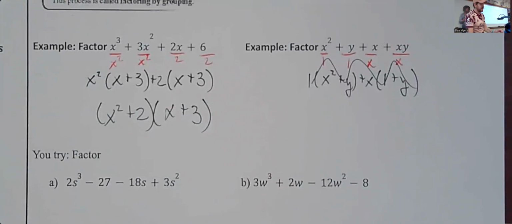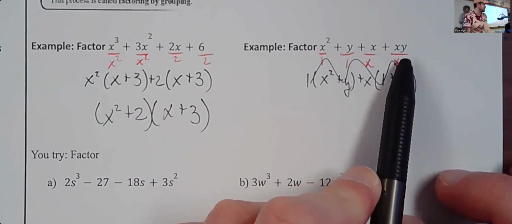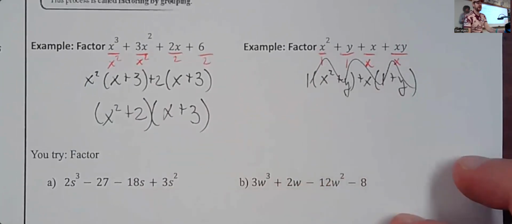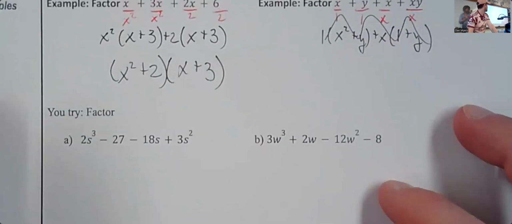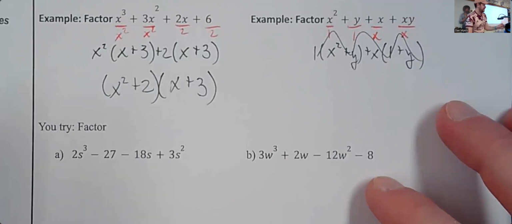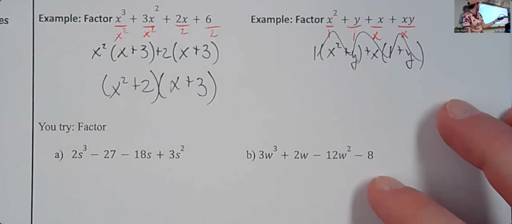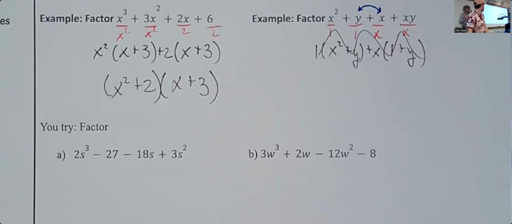Do you see anything up here, or maybe a different way of rearranging these terms so that we could factor something out of both of them and not just be able to factor out a 1 from one of them and something else from the other? Any thoughts there? What about swapping around that x and that y?